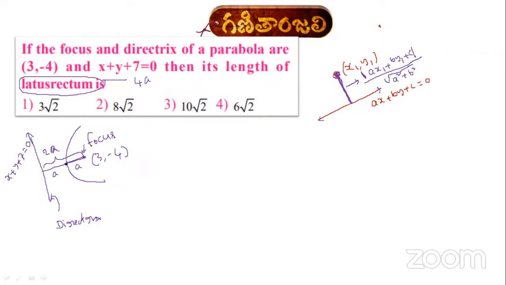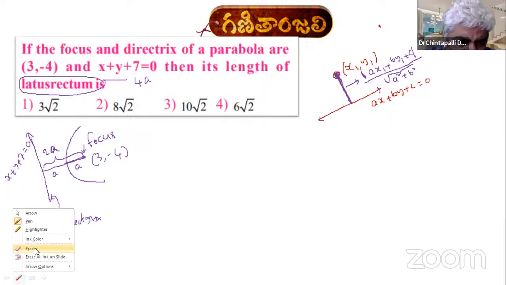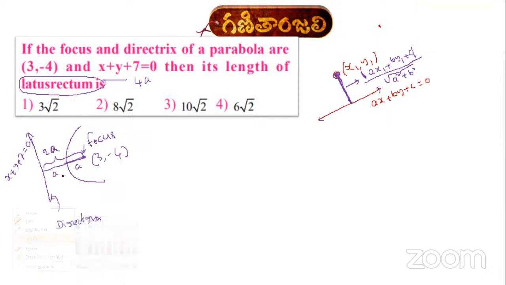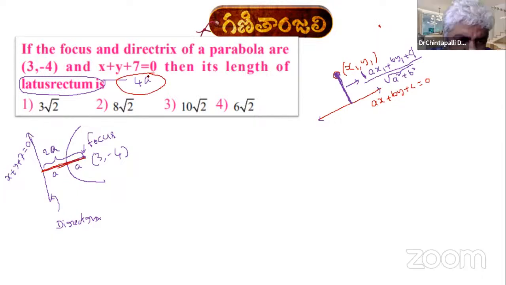If we find this distance, that means this red line, what's the value of this red line? 2a. But we need 4a. So please tell how to find the length of latus rectum, that is 4a. Just multiply the 2a by 2, right? Yes, sir. Let us find 2a.